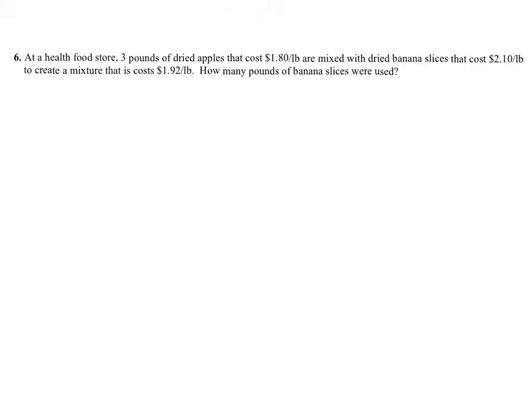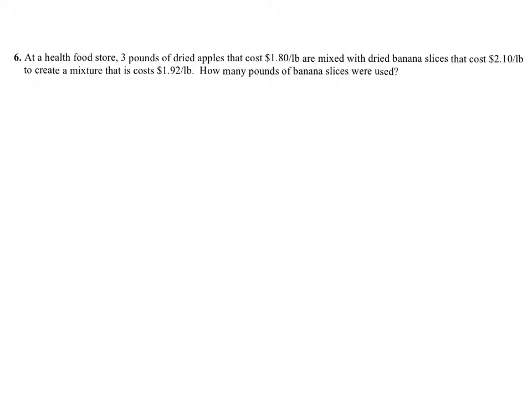And number 6 is the same type of problem. At a health food store, 3 pounds of dried apples that cost $1.80 per pound are mixed with dried banana slices that cost $2.10 per pound to create a mixture that costs $1.92 per pound. How many pounds of banana slices were used?